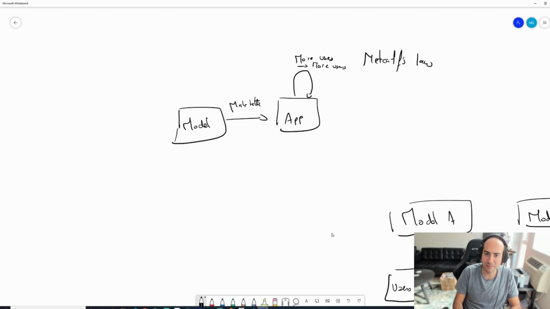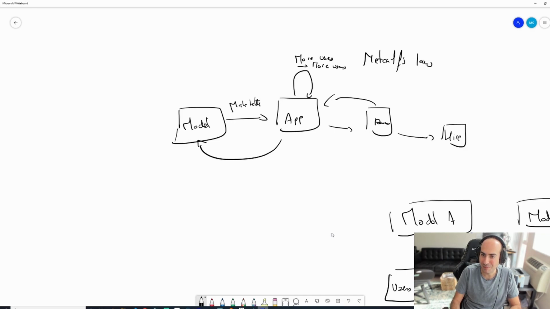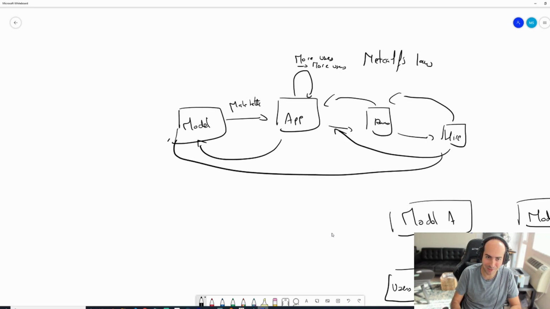But you also have the model making the app better, and the app making the model better, so there's this double feedback loop. The app means you're getting more revenue. Revenue means you can improve the app even more. More revenue means you can hire more people who can get you more revenue and make the app better and make the model better. This is just after thinking about it for 2 minutes, but you can see there are all these insane feedback loops here.